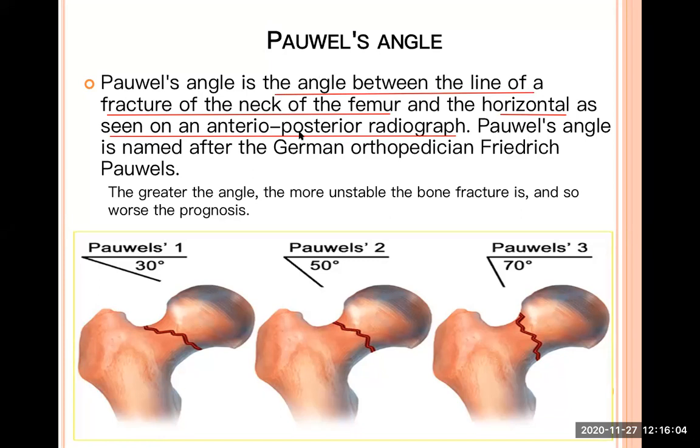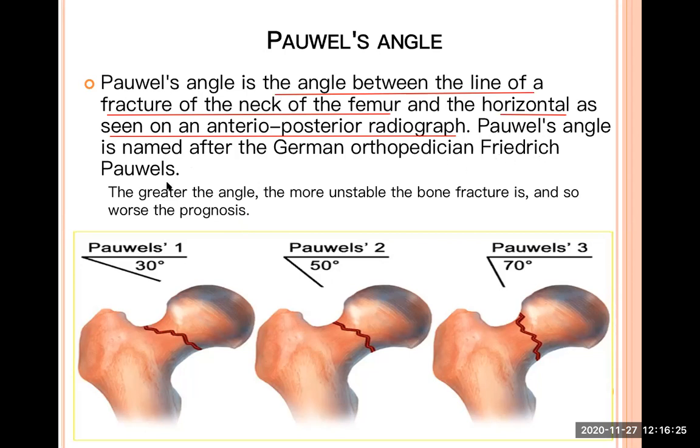So in this case, we focus on the anterior posterior X-ray. The angle formed between the line of the fracture, see this is the line of the fracture here, and the horizontal axis is called Powell's angle. This Powell's angle is named after the German orthopedician Friedrich Pauwels.